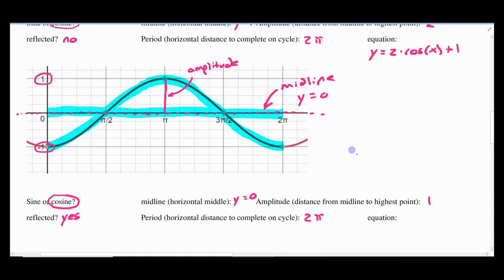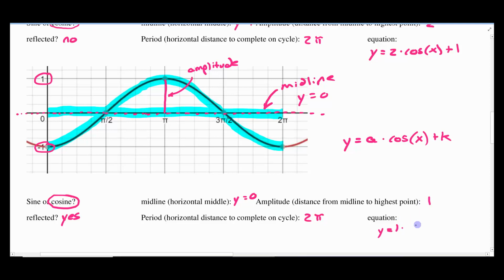All right, so I'm going to write my equation again. So remember our template for the equation, right? For a cosine function, we're going to say a times cosine. We're just going to put an x in here instead of an x minus h because we're not doing any horizontal shifts or phase shifts. So we'll just let x be inside of the parentheses and then plus k. All right, so we've got y equals, let's see, amplitude was 1.